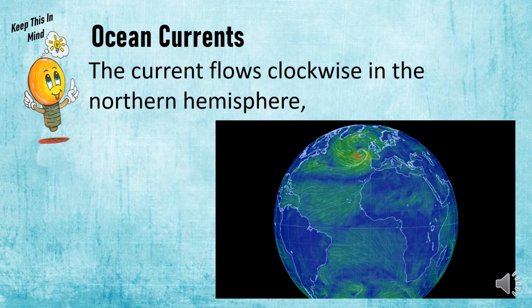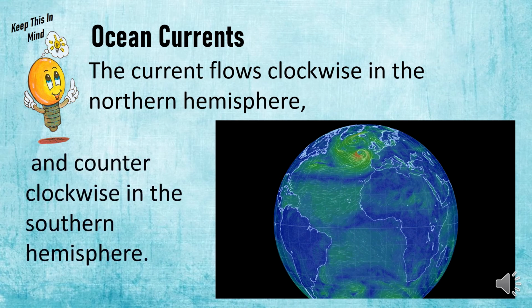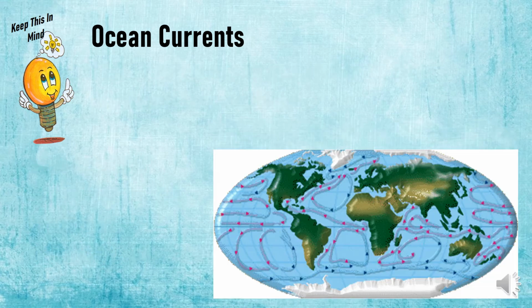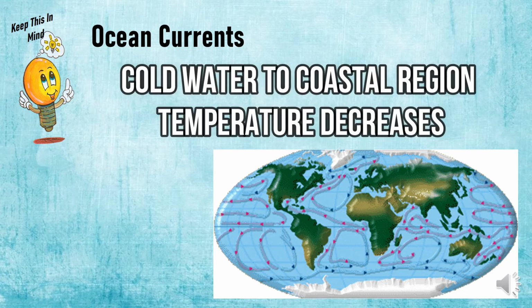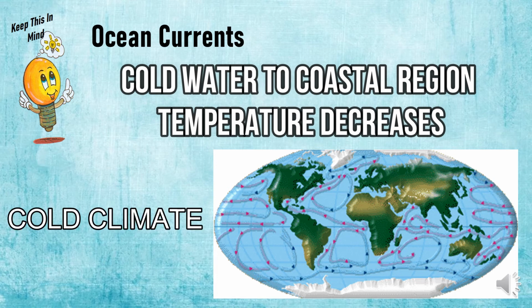The current flows clockwise in the northern hemisphere and counterclockwise in the southern hemisphere. When ocean currents that bring cold water move towards a coastal region, the temperature of that area decreases as warmer air from the land flows to the sea, resulting in a cold climate.